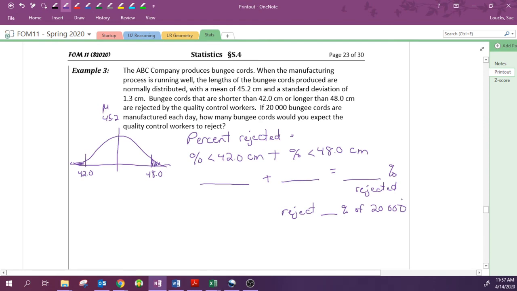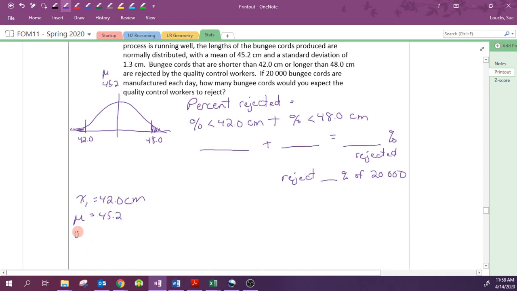All right, let's do the first part. So if x1 is 42.0 centimeters, mu is 45.2, and sigma is 1.3, I'm going to have my z equals x minus mu over sigma, which is 42 minus 45.2 over 1.3, which equals negative 2.46, which I look up in my table and I get 0.69%.